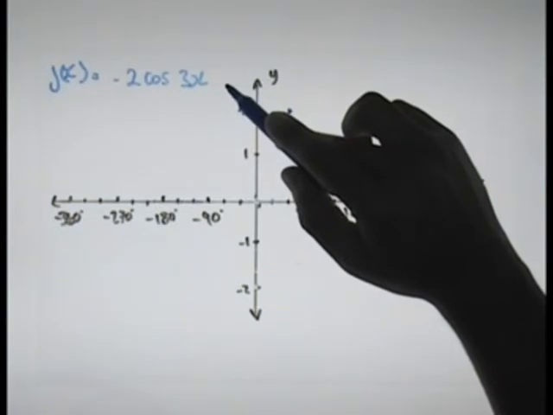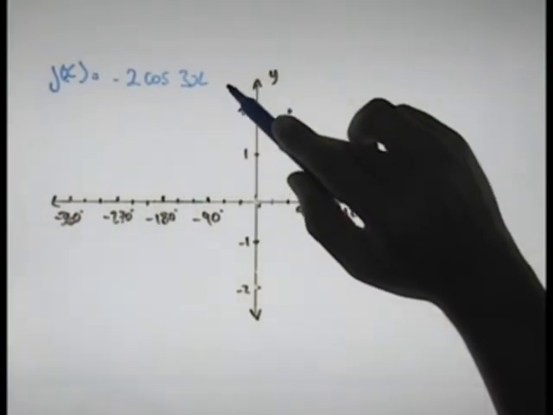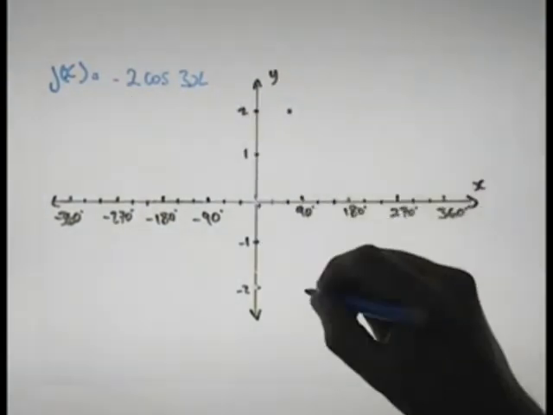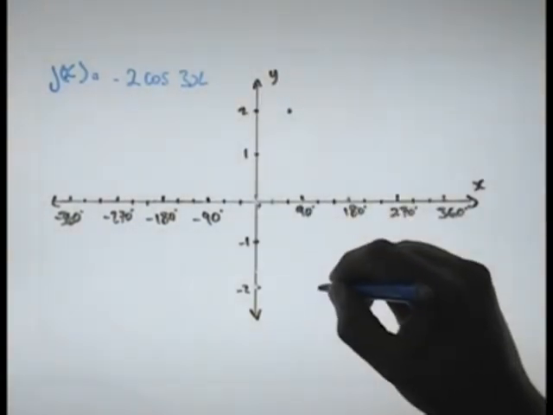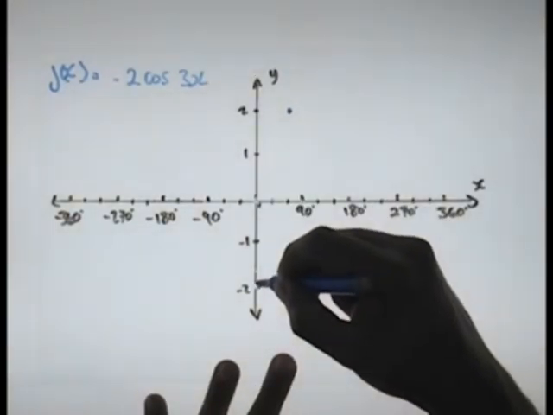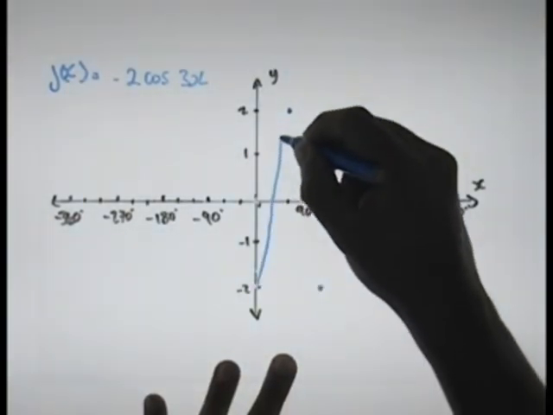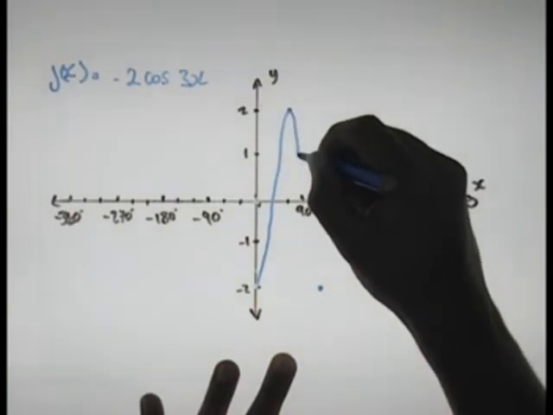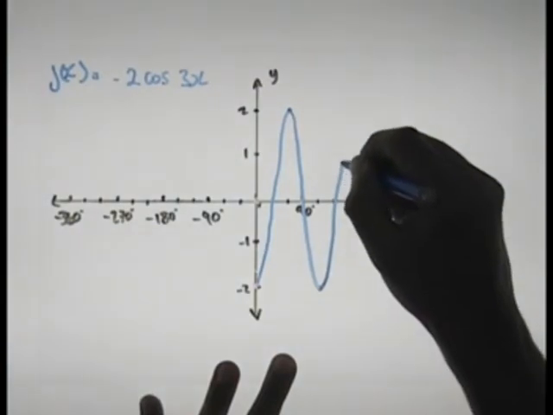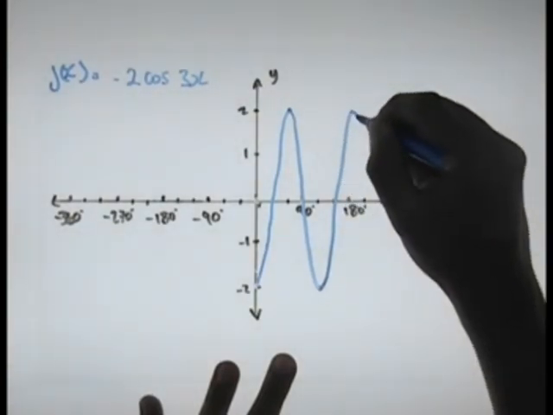Cos of 360 is equal to positive 1. Positive 1 times negative 2 is going to give me negative 2. Now let's look at this graph over here. This graph is basically going to be doing this here.